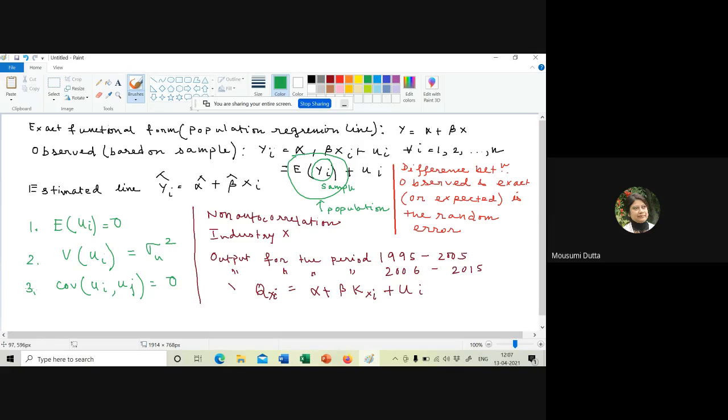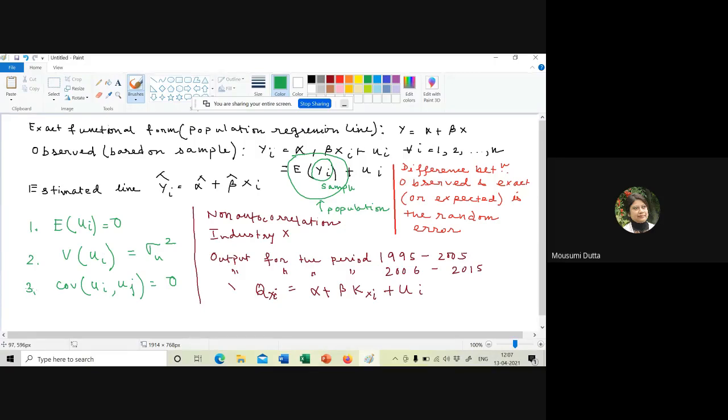Only K determines output, and if there are several factors, those variables are totally different in period 1 and period 2. That we are assuming. These assumptions are a bit unrealistic.